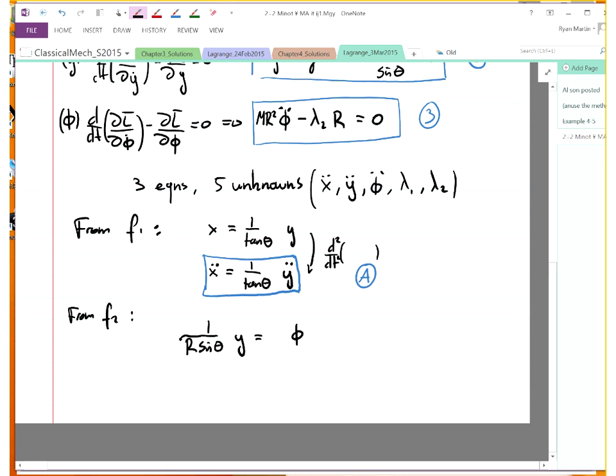Well, actually, it's more convenient if I put the r on the other side. I'll do the same trick. The capital R sine theta is a constant, right? So I'm just going to take the time derivative twice and call that equation B.